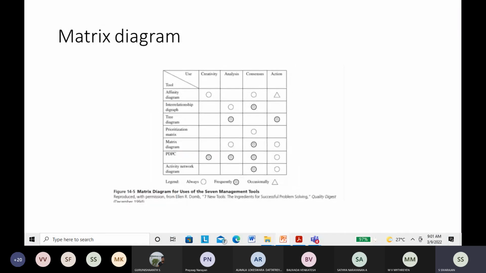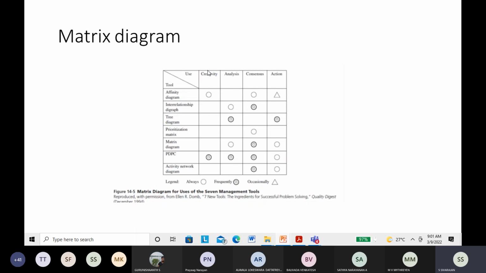So here, just like what we studied previously, before CAT1, we have seen the house of quality, where we tried to match the customer requirements and the technical requirements, company requirements, to find out whether they are strongly influenced, weakly influenced or moderately influenced. In the same way here, for any activity, we are trying to find out the purpose of the matrix diagram. So we find out which is more important.